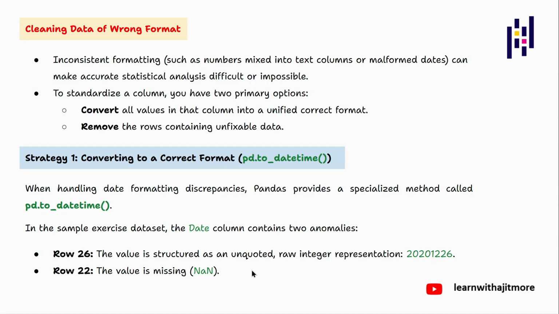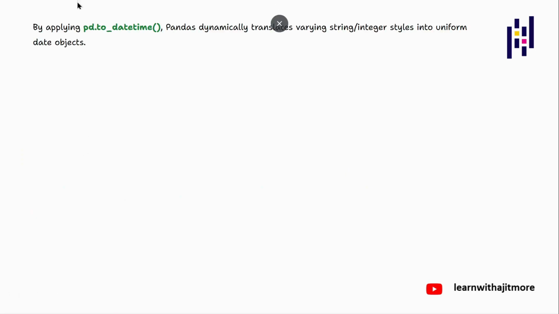So what we do is we give that date column to pd.to_datetime. Pandas dynamically, at runtime, converts all those integers into the proper date format, translating varying string or integer styles into a uniform date format.